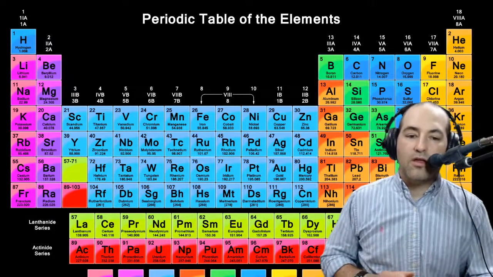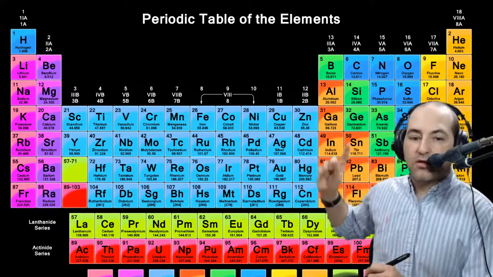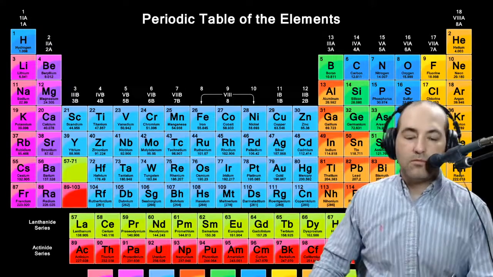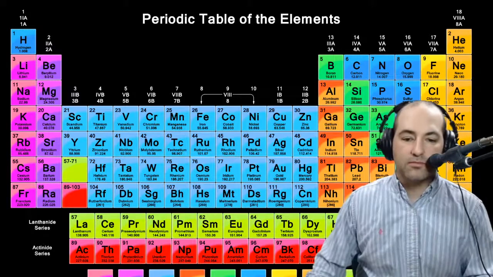And then the orange ones right next to them, those we're going to consider as metals. So aluminum, gallium, indium, tin, and so on. For the purposes of our naming system, we're going to consider those as metals.